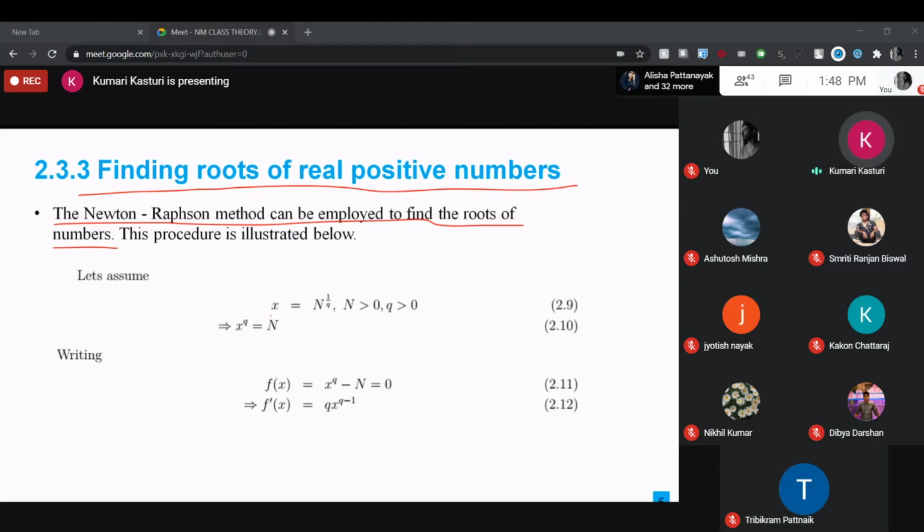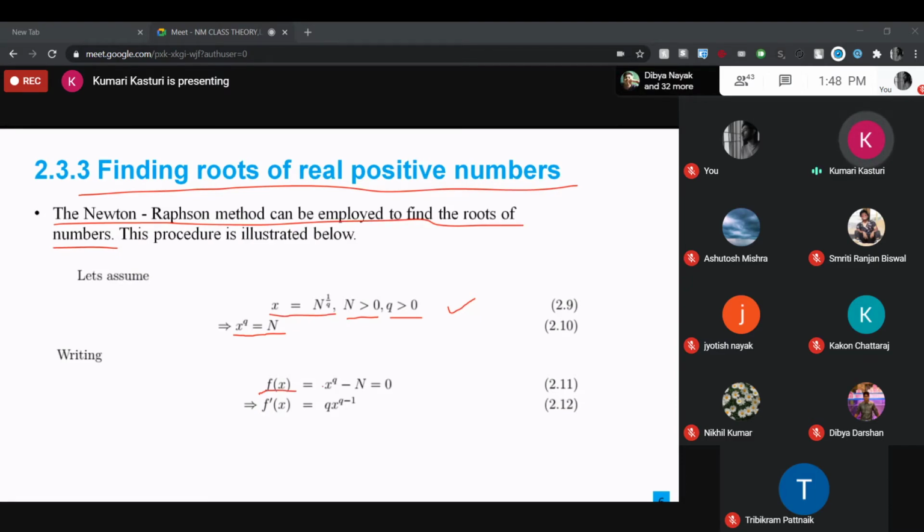Let us assume one question is given to you in the form x is equal to n to the power 1 by q, where n is greater than 0 and q is greater than 0. If the question is given in this form, then we can find the roots of a real positive number using Newton-Raphson's method. We can write x to the power q is equal to n. Why? Because we need f of x.